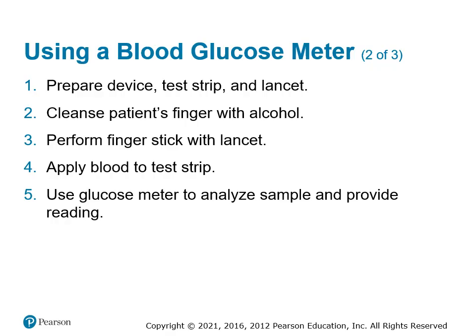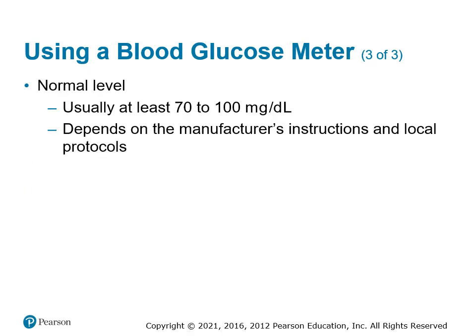Then you get a second blood drop that you put onto your strip and analyze, and you should get an accurate reading with that. A normal glucose is considered anywhere between 70 and 100. It depends on the manufacturer's instructions also, but in general, most people are 70 to 100.